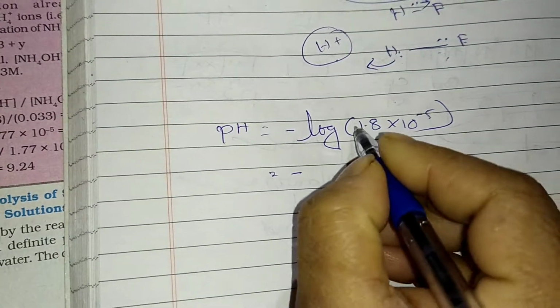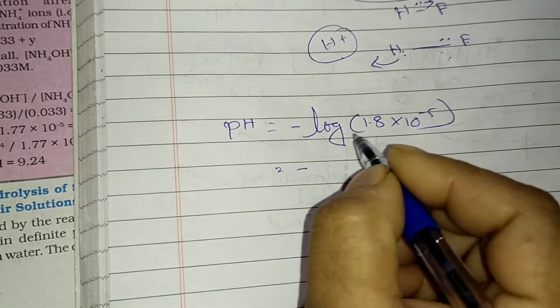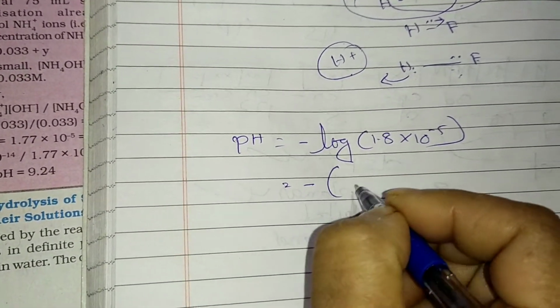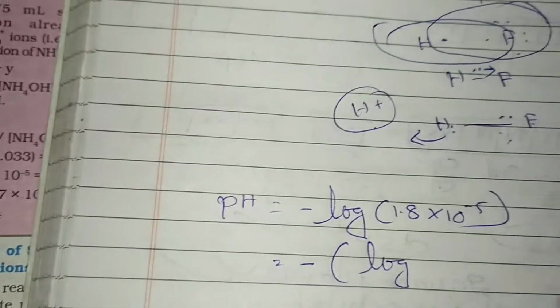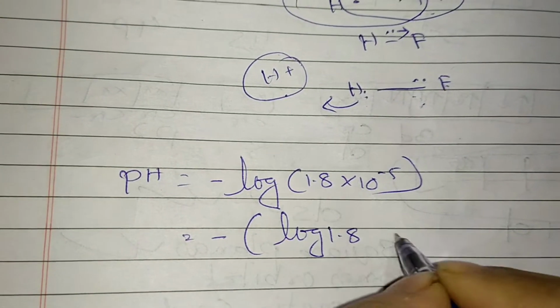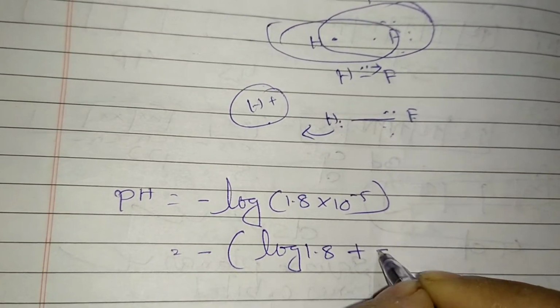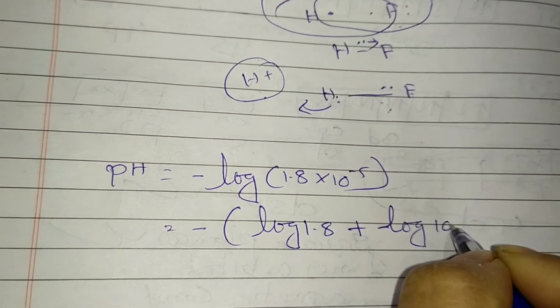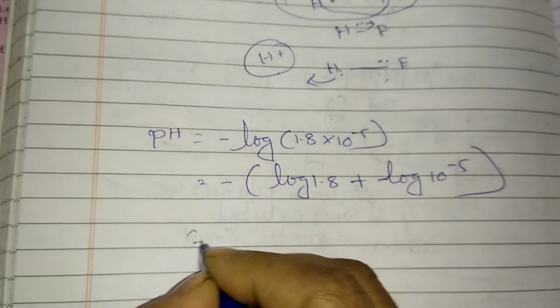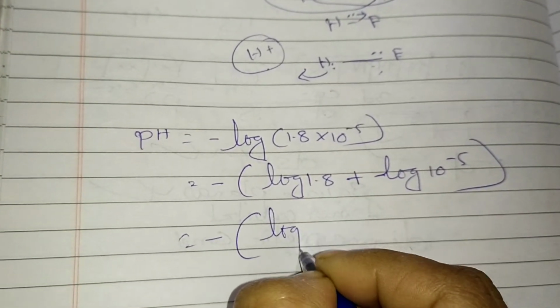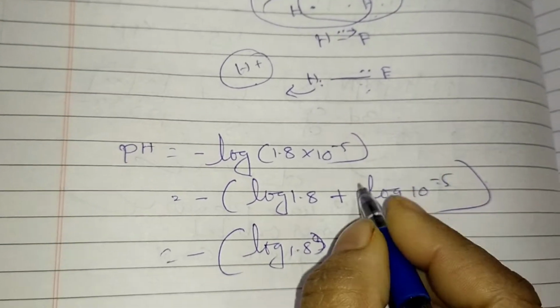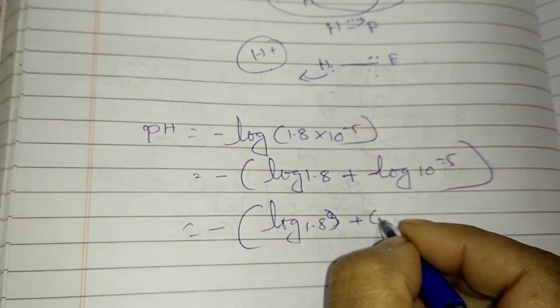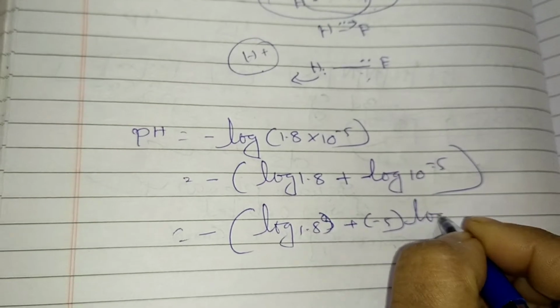That means minus log A into B, that means log A plus log B. So it is coming, log 1.8 plus my log 10 to the power minus 5. So minus log 1.8, and this minus 5 will be coming in front, so plus minus 5 log 10.